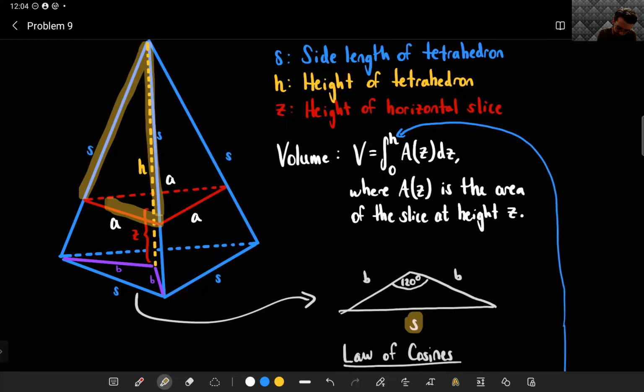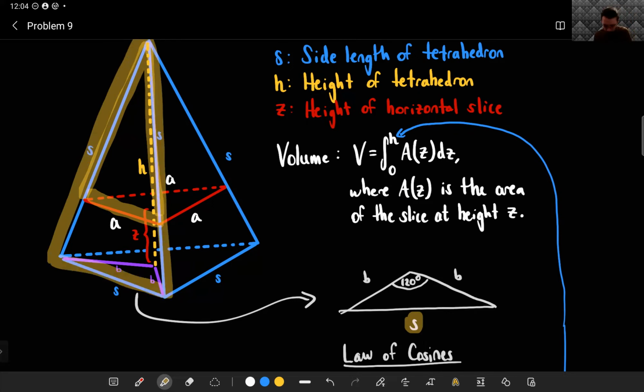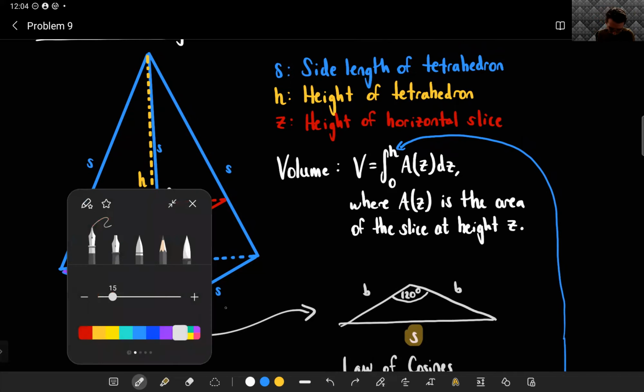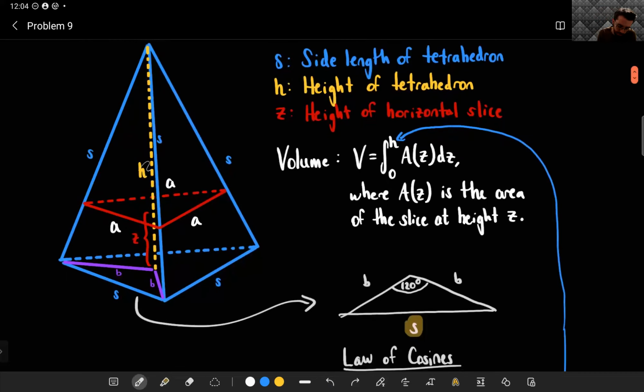So if I look at this one, and I look at the whole face of this tetrahedron, those are similar triangles. And whenever you see similar triangles, you can set up ratios between their side lengths, right? So my goal is to figure out A, right? Because if I find the side length of the red triangle, I can find the area, and that's our whole goal. So I want to find A.